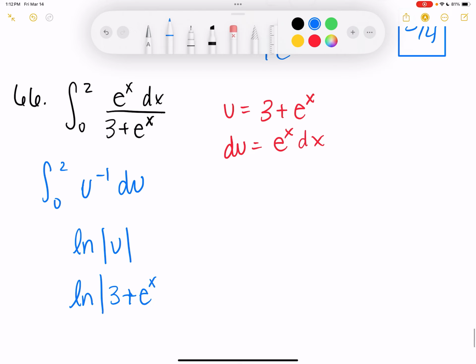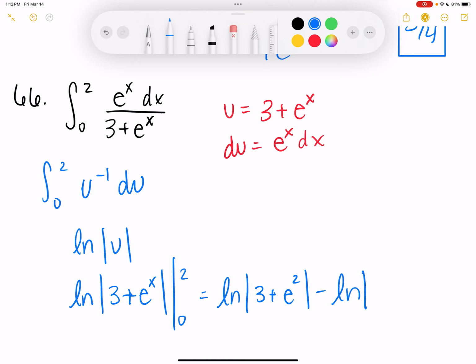Obviously there's no way that can be anything other than positive, so I won't have to keep the absolute value. Evaluated from 0 to 2. It says the ln of 3 plus e to the 2 minus the ln of 3 plus e to the 0.